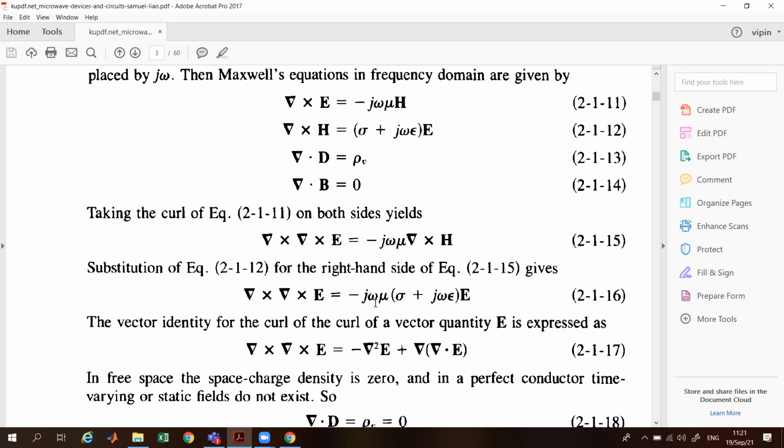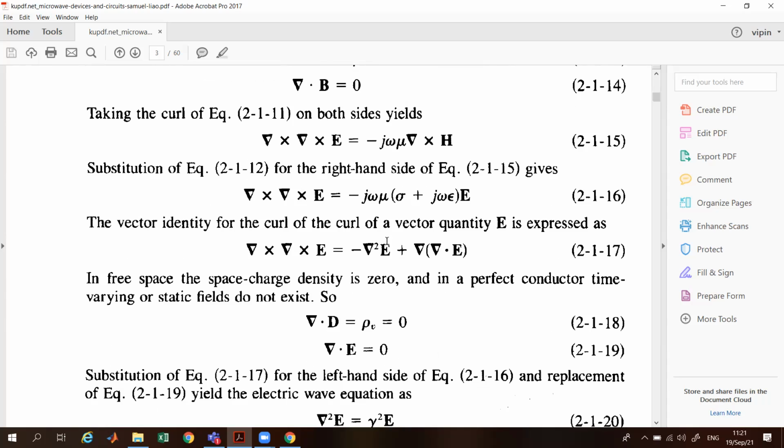Now if we open it, then it will become minus j omega mu sigma E vector plus this vector, which can then be replaced by other vectors. Then it becomes gamma square E, the curl square E plus curl of curl dot E vector.